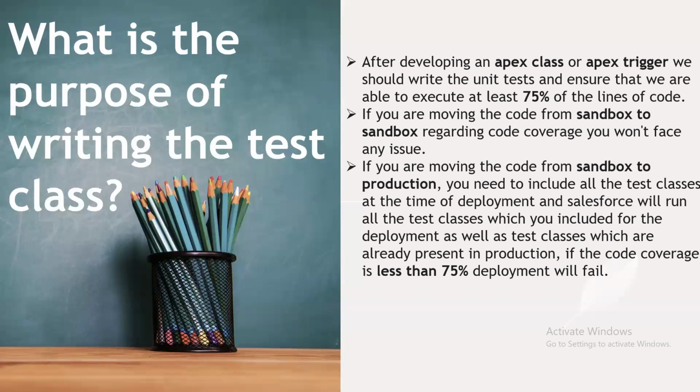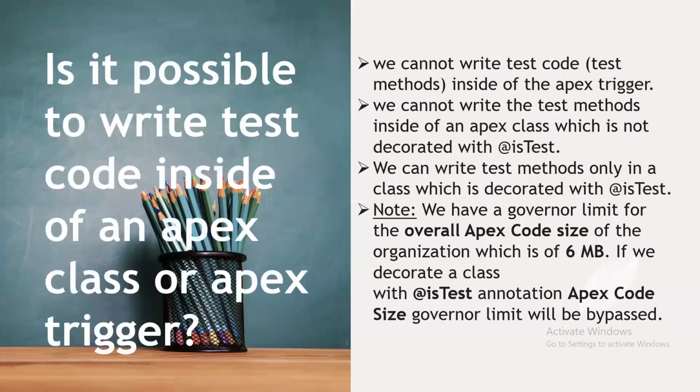If the code coverage is less than 75%, the deployment will fail. So make sure you have minimum 75% code coverage while deploying into the production. That is the purpose of using test classes.